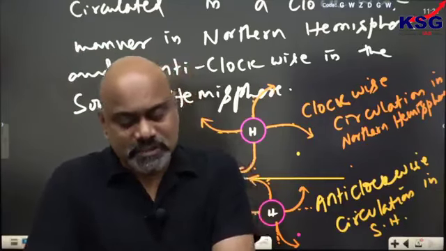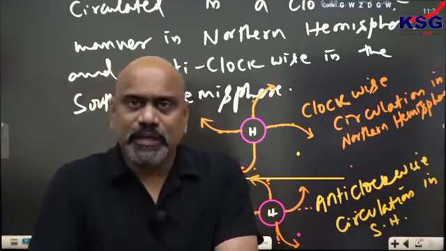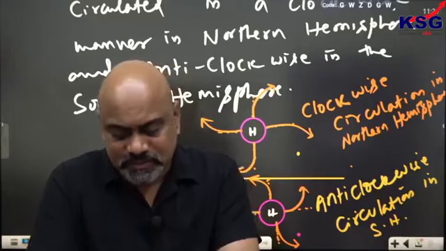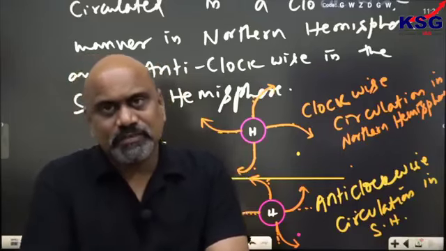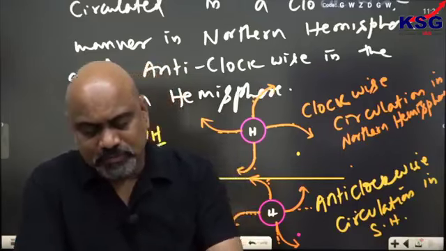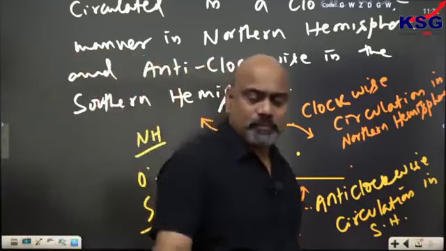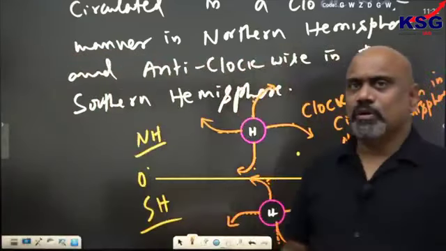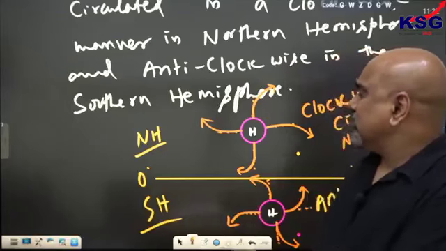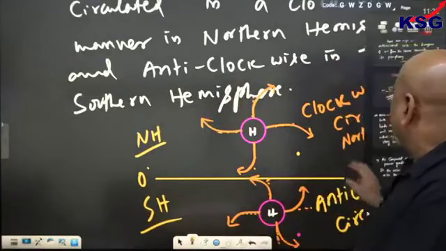Airflow is divergence type. Vertically, there is subsidence. Cloudiness will not be there, no cloud, no precipitation. So, these are the characteristics of an anticyclone. I hope you got whatever I said. If not, let me dictate it.